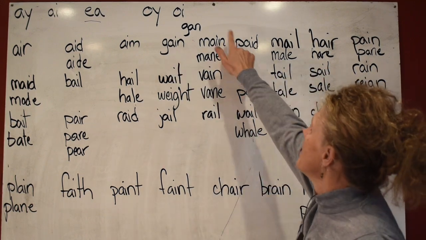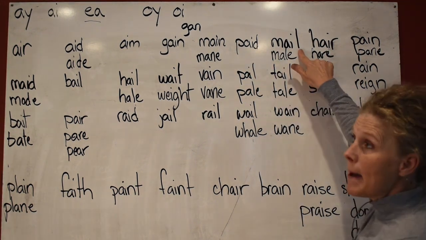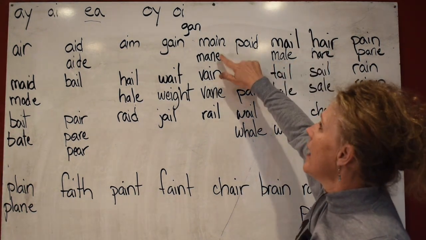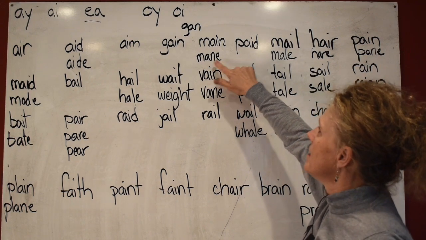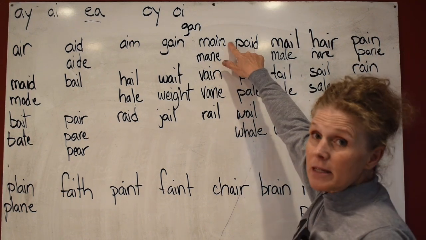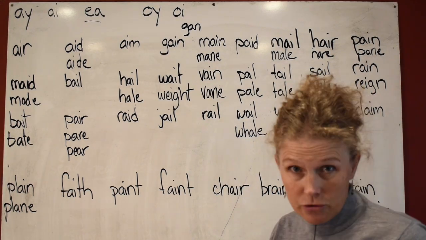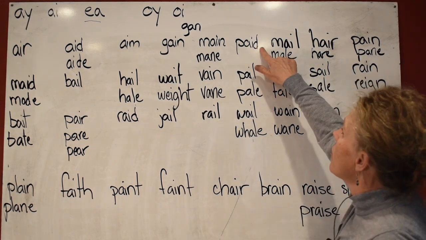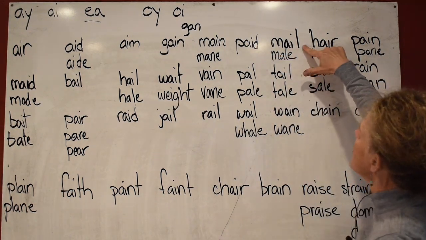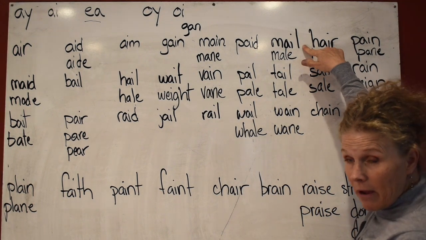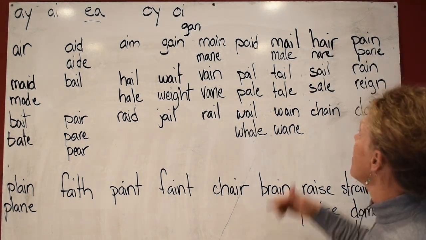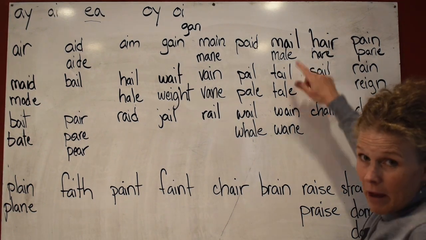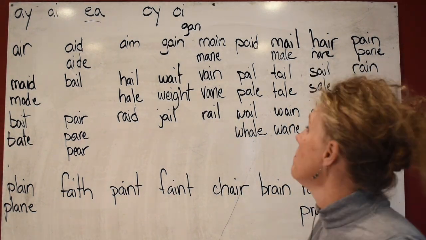Main, see the same thing here, paid. Oh, main, and then mane. See how this has a silent E. So this is, my main job is teaching my children. And then this is a horse's mane. So you have paid, and look, mail, go get the mail. This came in the mail, and male, Paul is a male.